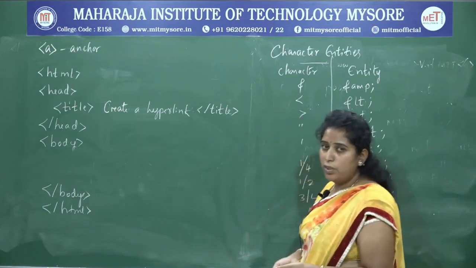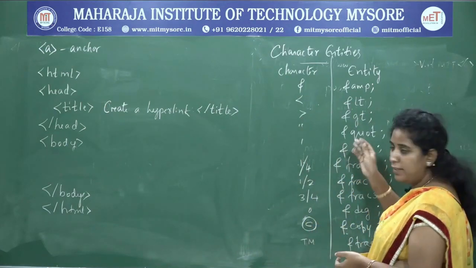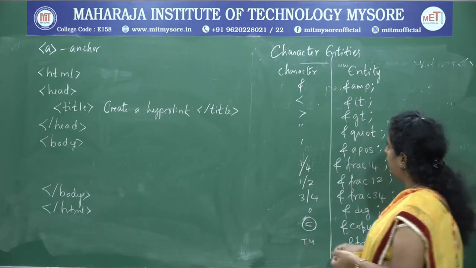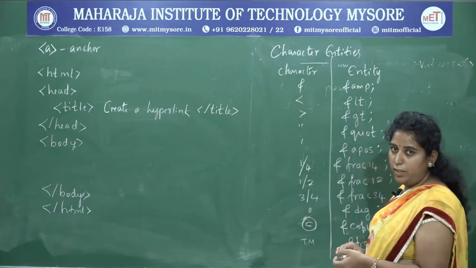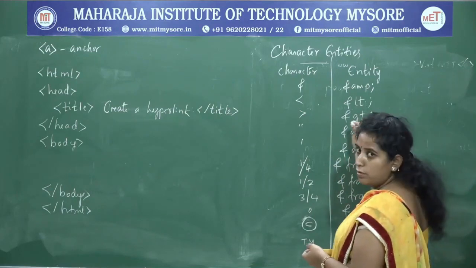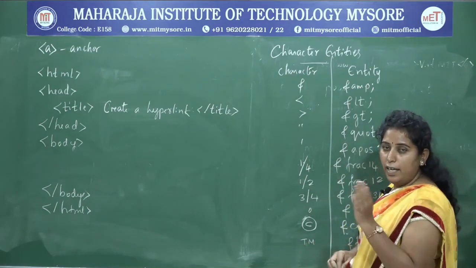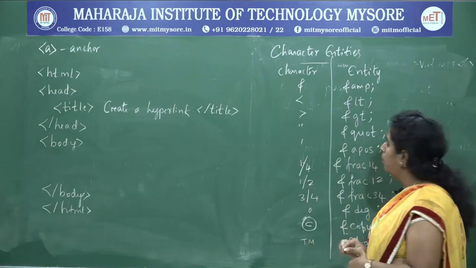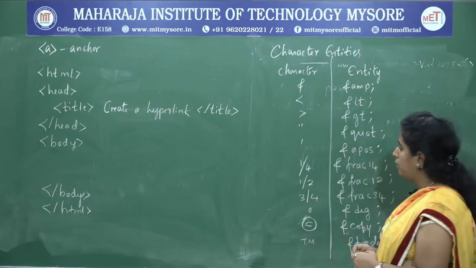So for such characters, we have certain entities. For example, I want to print ampersand, that is the address operator. How would I do it? Ampersand AMP, and it has to end with a semicolon. By that time, this character gets printed on the screen.